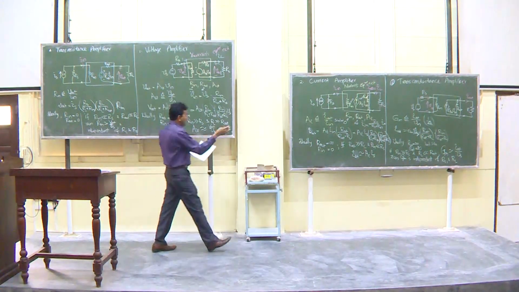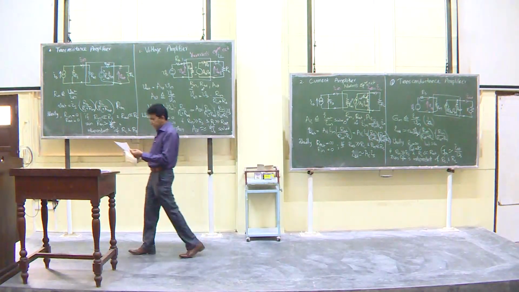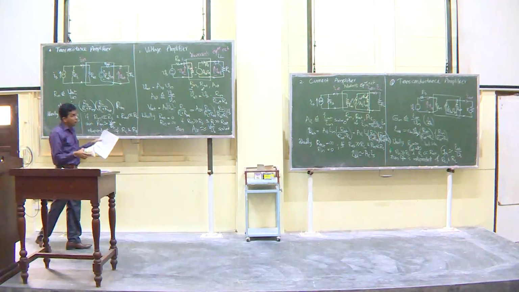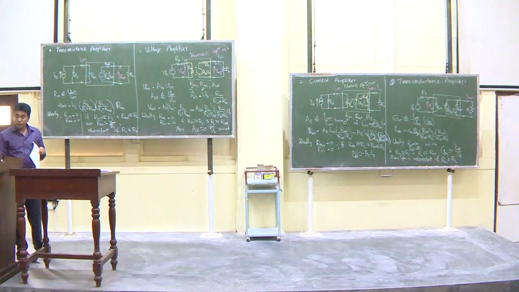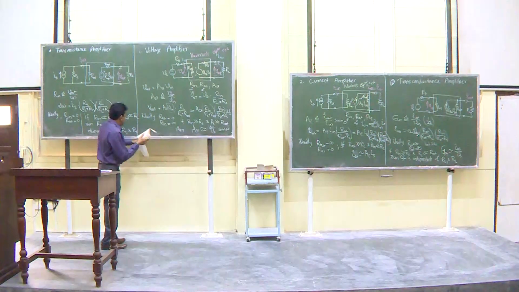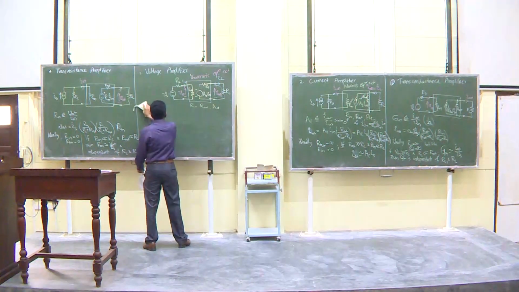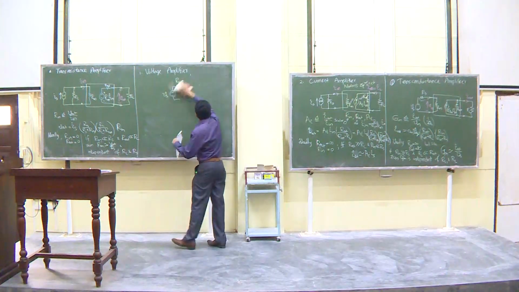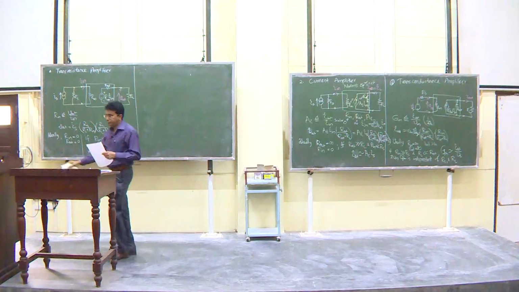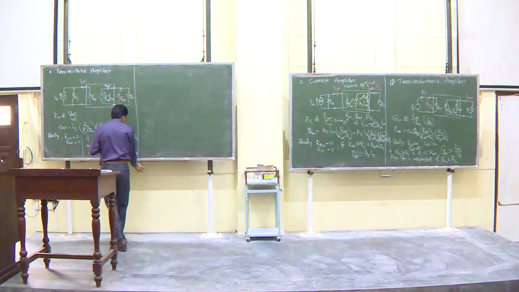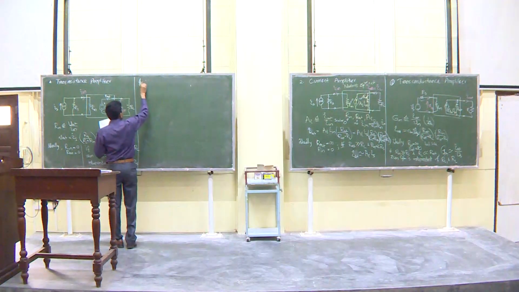Now with these 4 we can see, if necessary, we can summarize what are the desirable properties of each of these amplifiers. Let me quickly do that. Ideal characteristics.